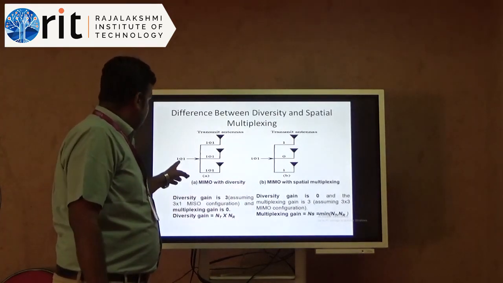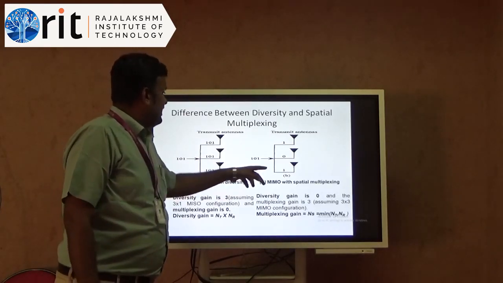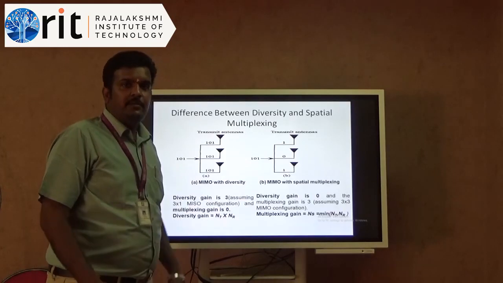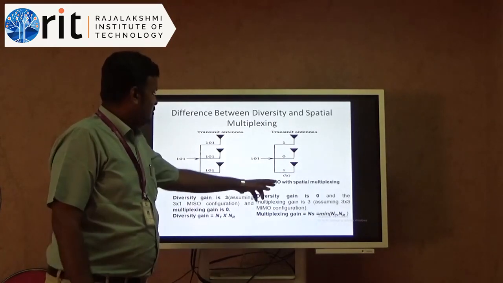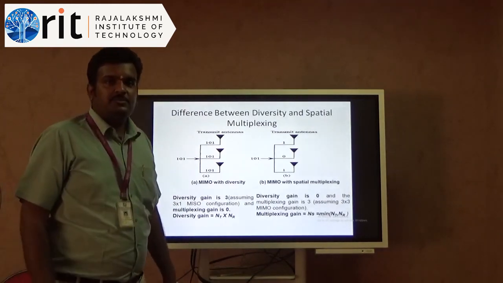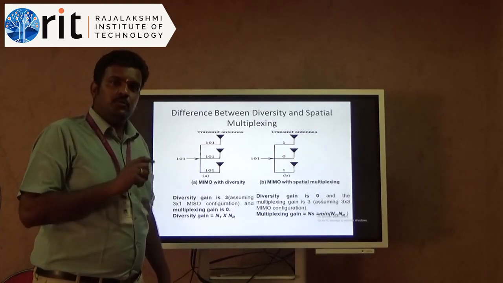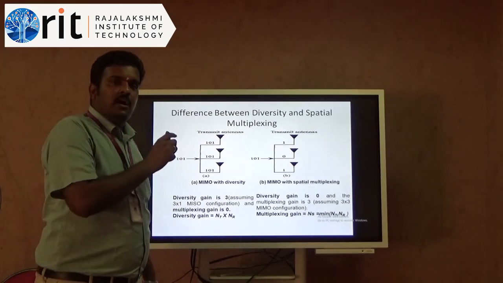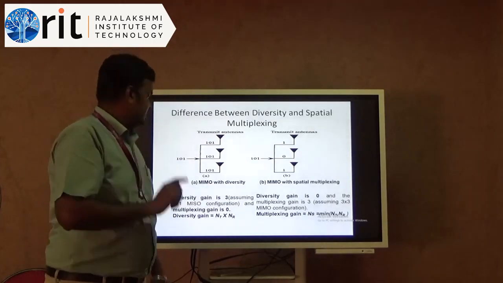So if the same data stream is transmitted by different antennas, it is known as diversity, and if the data stream is divided into parallel streams and each parallel stream is transmitted by a different antenna, it is known as spatial multiplexing. So this is the very important difference between spatial diversity and spatial multiplexing. We can use multiple antenna techniques to exploit both diversity as well as multiplexing, depending upon the application.